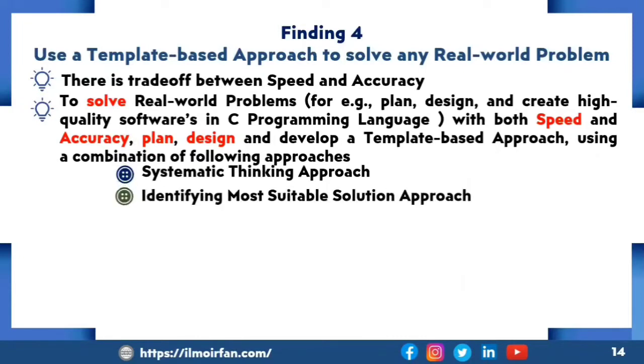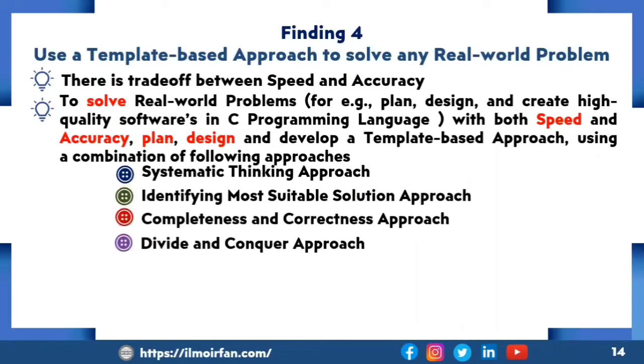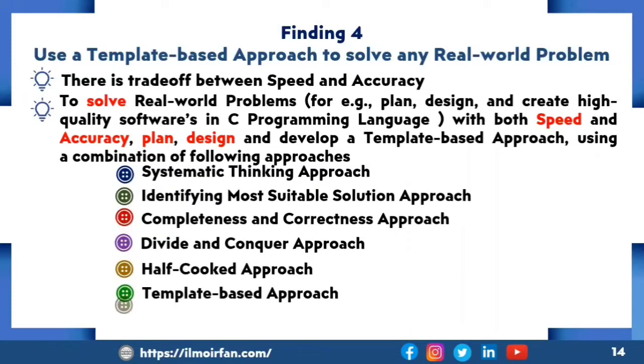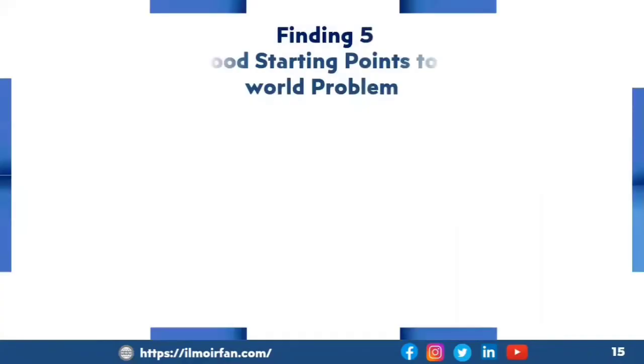Systematic thinking approach, identifying most suitable solution approach, completeness and correctness approach, divide and conquer approach, half-cooked approach, template-based approach, and 100% effort with sincerity approach.